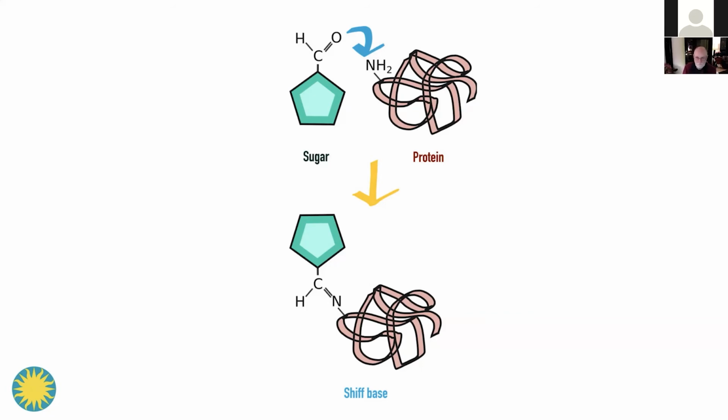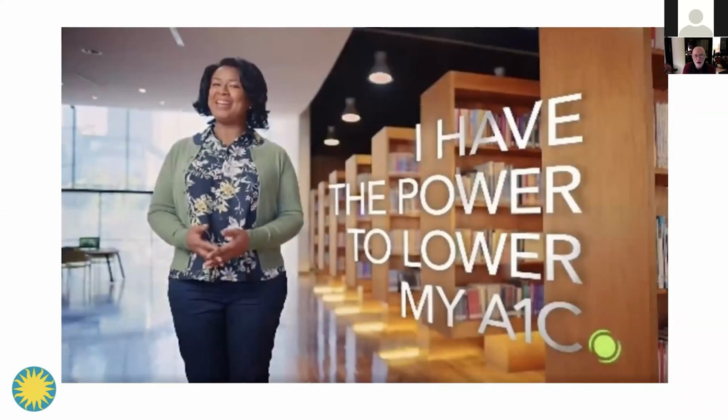And in fact, many of us have probably seen advertisements on TV about drugs that are being advertised to lower your A1C. A1C actually is a term that refers to hemoglobin that has reacted with sugar, glycated hemoglobin.